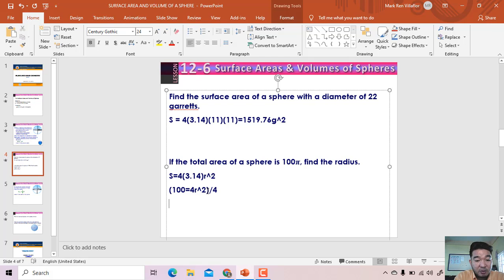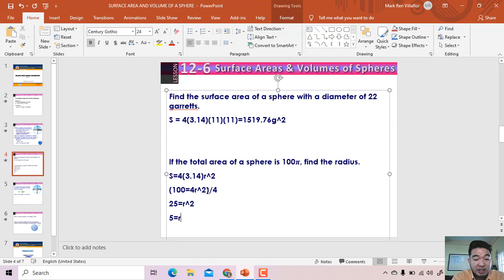So we'll be having 100 divided by 4 is equal to 25 equals r squared. And then to remove the square of the radius, we get the square root of both sides. Square root of 25 is equal to 5. That's positive or negative 5, but we get the positive one because we do not have a negative length.